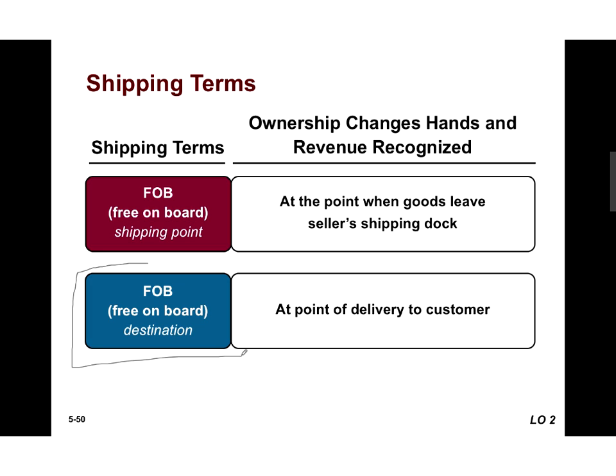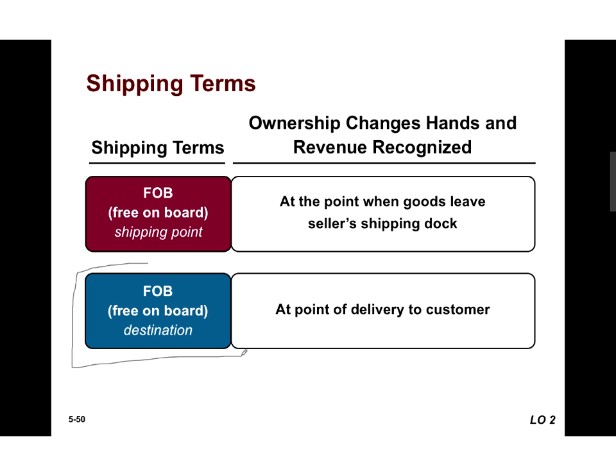FOB shipping point, the top one, we recognize revenue when the goods leave the seller's shipping dock. FOB destination means we recognize revenue at the point of delivery to the customer. Which one we use is dependent on the terms of the invoice. So if the items are sold FOB destination, revenue is not recognized until the goods reach the customer.